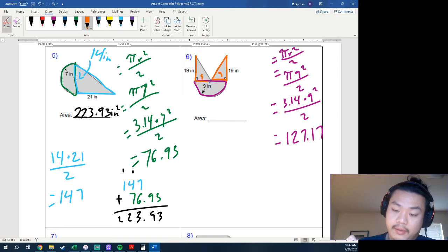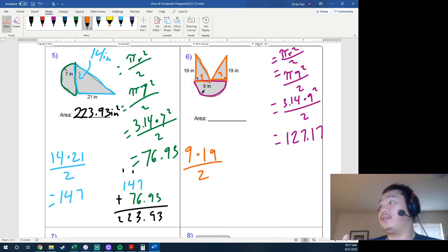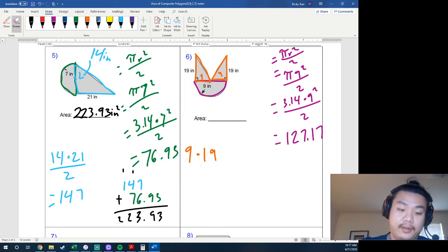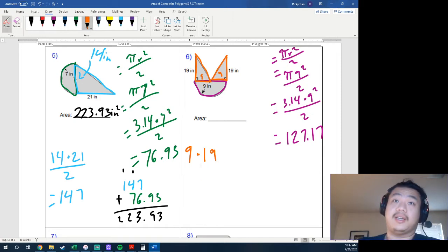Okay, so 9 times 19 divided by 2. And the funny thing is, you're actually just going to do that twice, so you don't even have to divide by 2. Since there are 2 triangles, you just do 9 times 19, which gives you the area of both triangles at the same time.